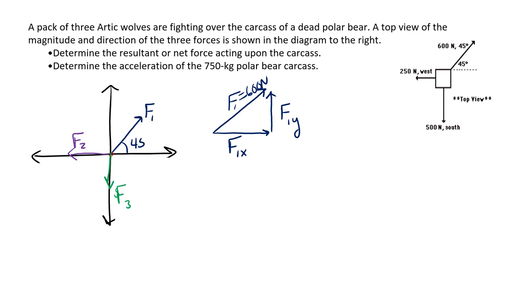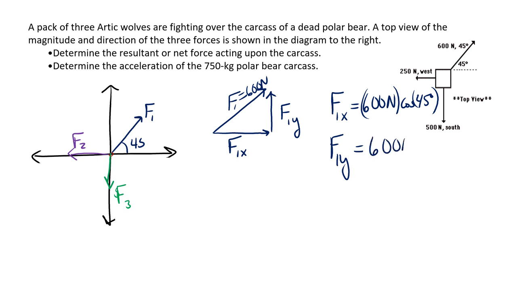Just using trig, force 1x is going to equal 600 newtons times the cosine of 45 degrees. And force 1y is going to be 600 newtons times the sine of 45 degrees. Since it's in the first quadrant, both my x and my y are going to be positive.